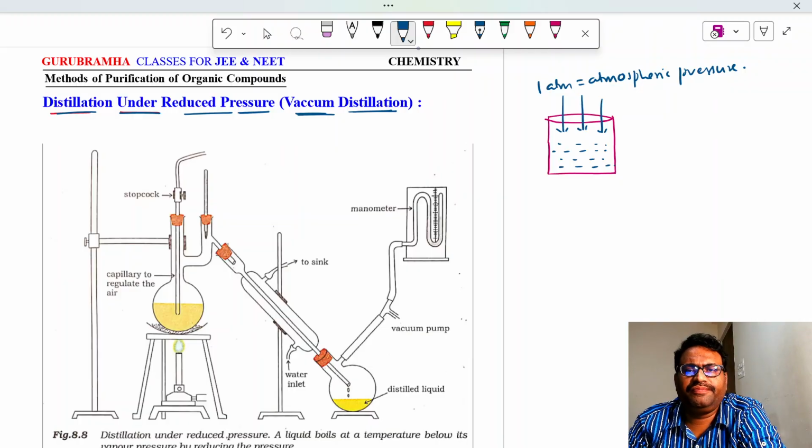So now, what is the boiling point of this liquid called?